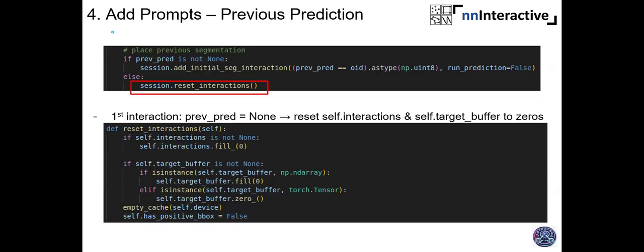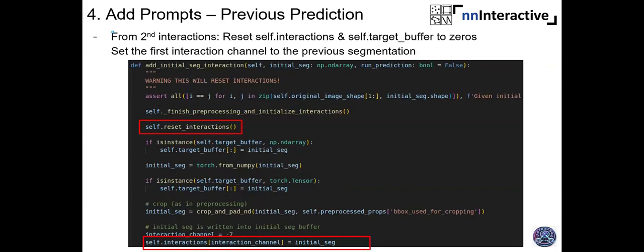I'll go over adding the prompts. The first one is the previous prediction. If it is the first interaction, we don't have any previous prediction, so it only runs reset interactions, which resets the interaction channels and target buffers to all zeros, because we are iterating over objects and each time we need to set them to zeros.